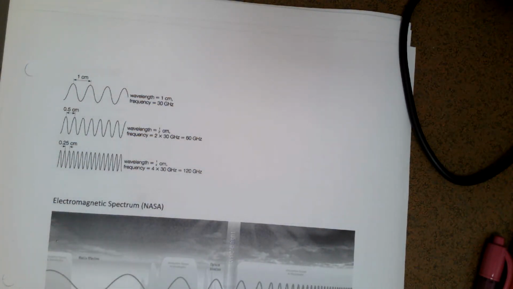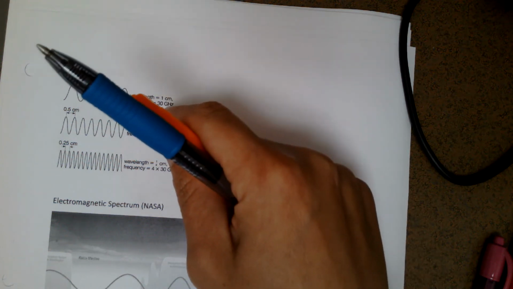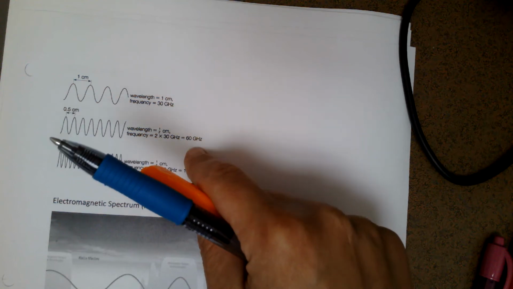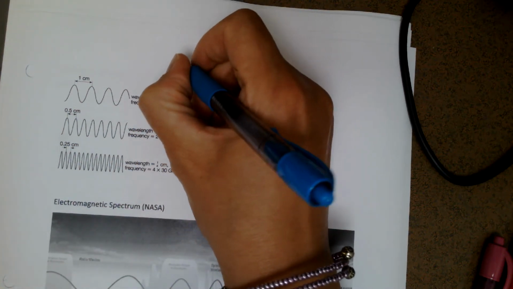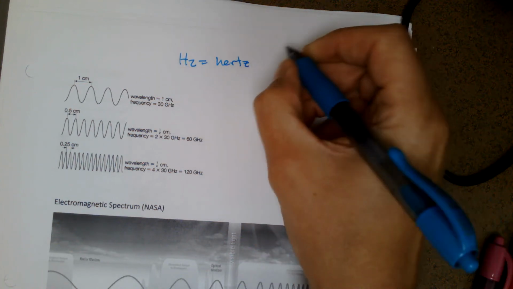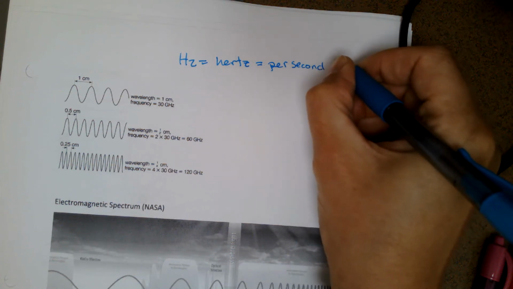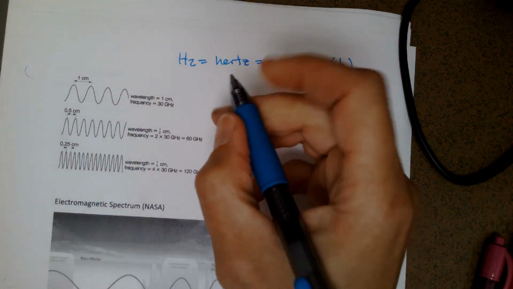Here we have 3 different waves. One has a frequency of 30 gigahertz, one has a frequency of 60 gigahertz. Hertz, going back to those units before, means per second. So that's 1 over s. It's a unit of frequency.